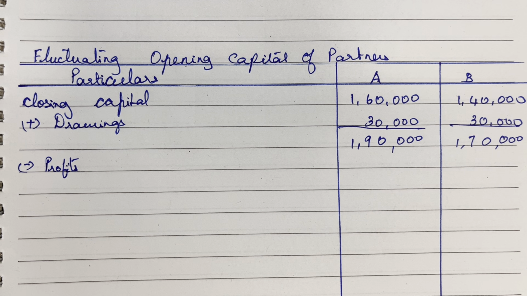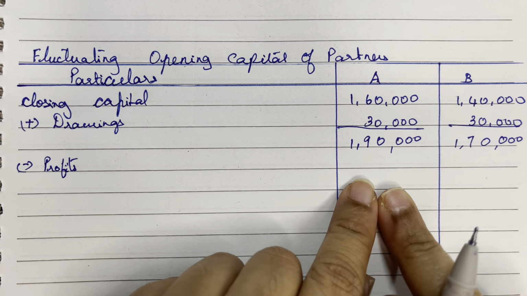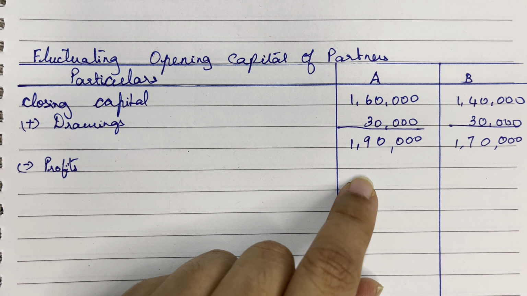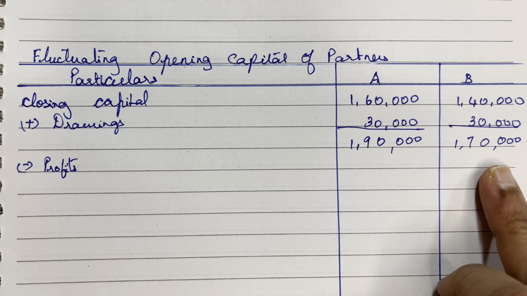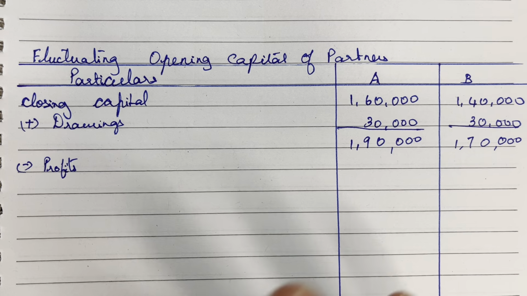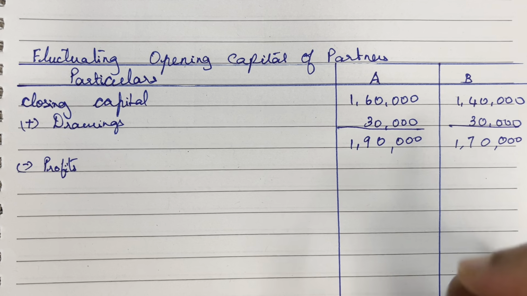Okay, now can we subtract 90,000 over here? The profit is 90,000. Can we divide this 90,000 in the ratio of 3:2 and subtract it between the partners A and B? No, we cannot do that. Why? Because the profit of rupees 90,000 includes our interest on capital as well.